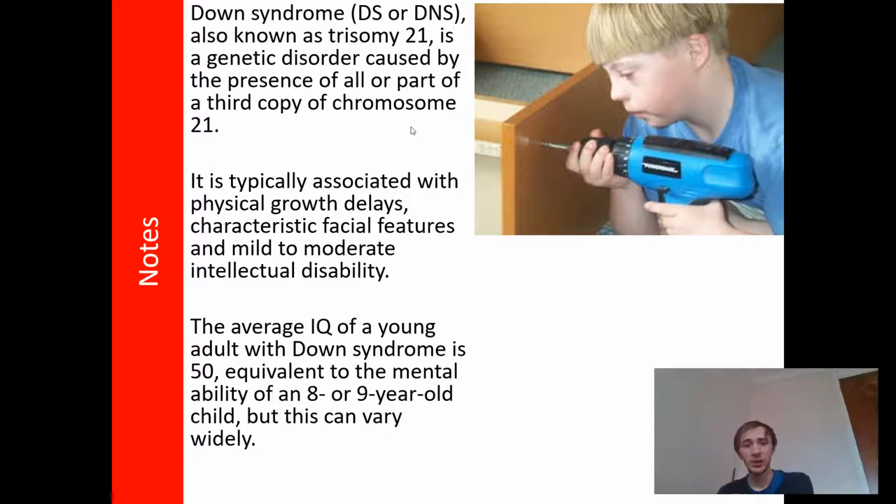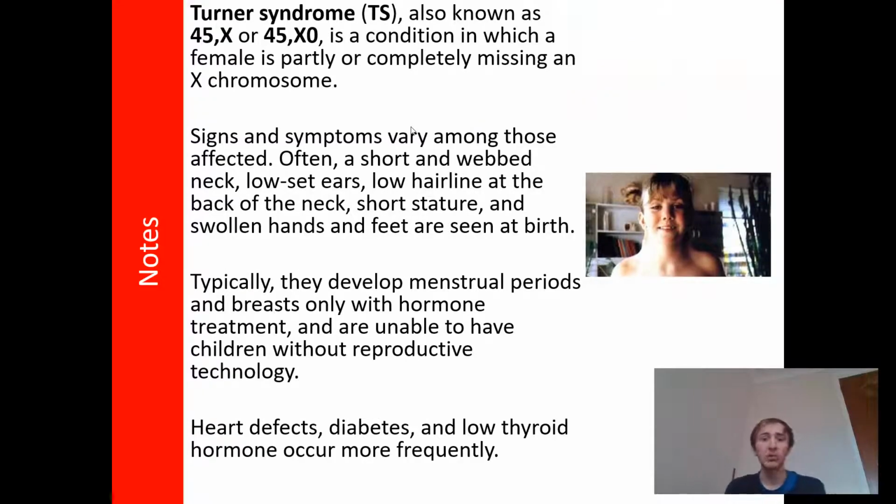The other one we're going to look at is Turner syndrome, which is an example of one of these, which are actually more common, where the sex chromosomes are either not present in the correct numbers, or you have too many of them. Now, in this case, this is a girl who only has one X chromosome.